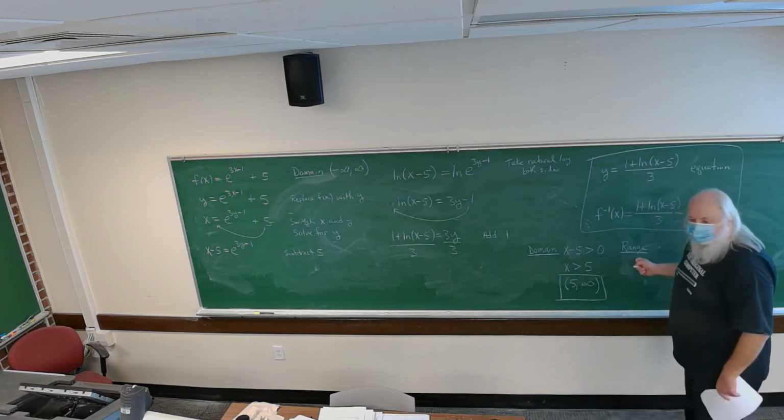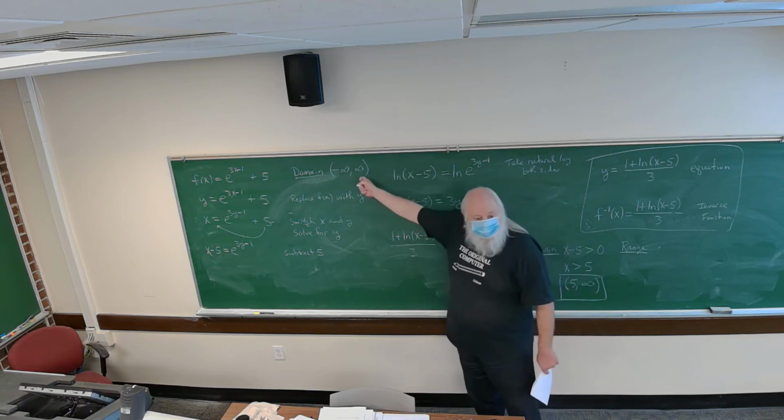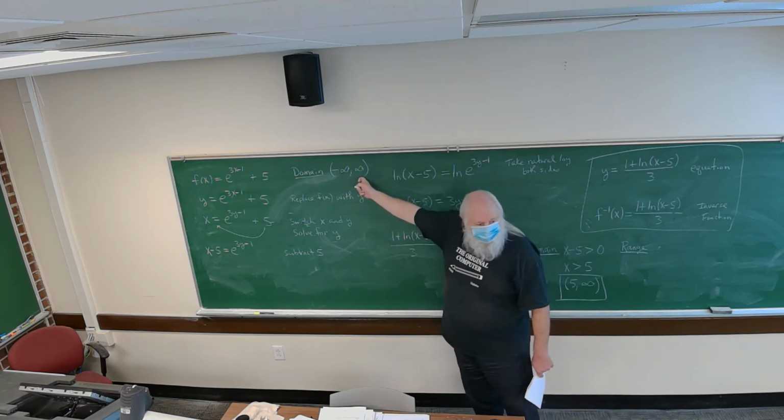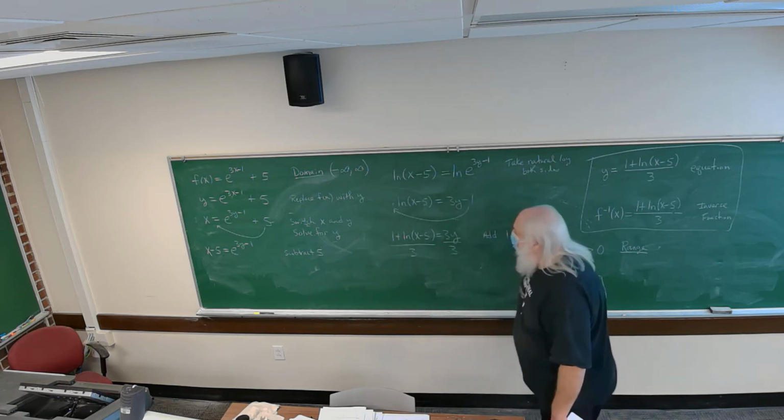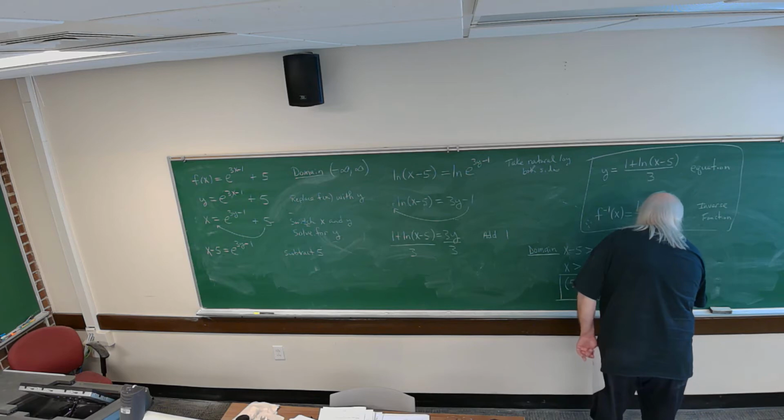But the range of an inverse function is equal to what? The domain of the one-to-one function. Well, we know what the domain of f of x is. It's all real numbers. And so the range, likewise, is all real numbers.